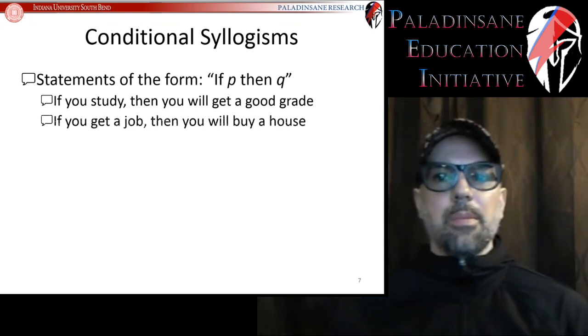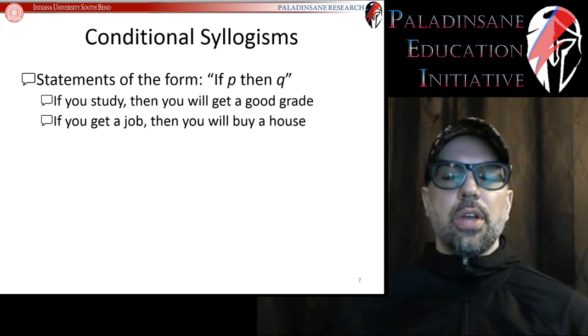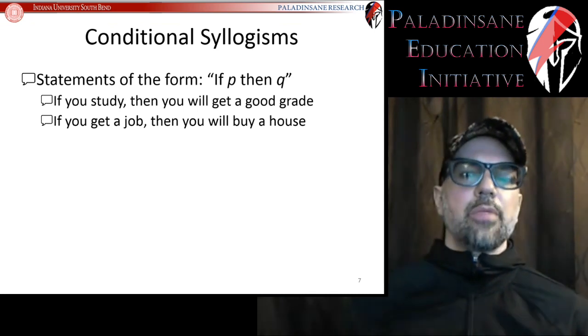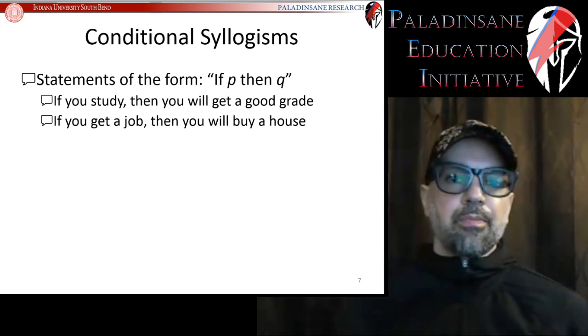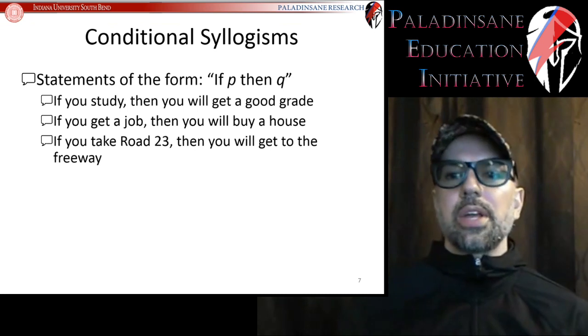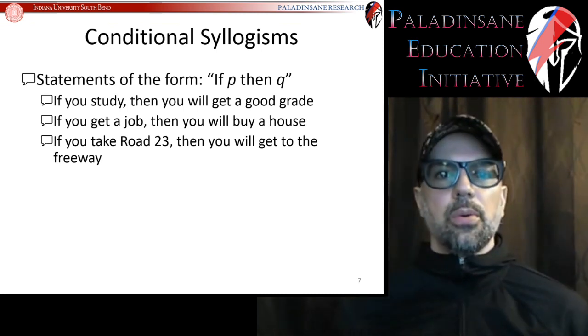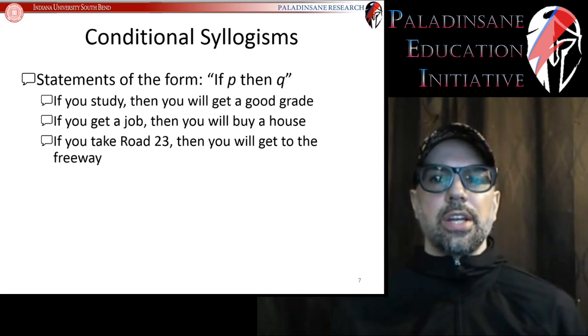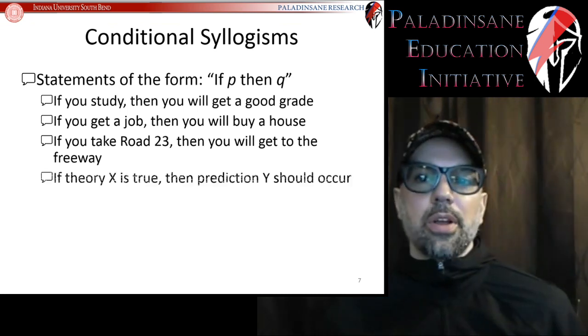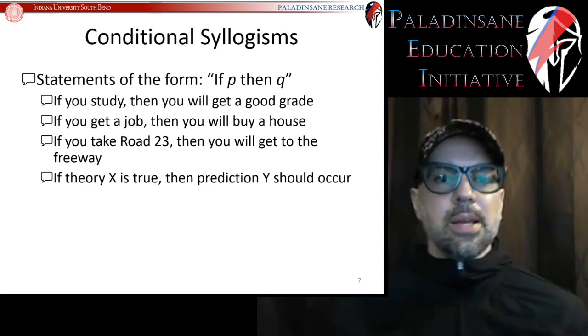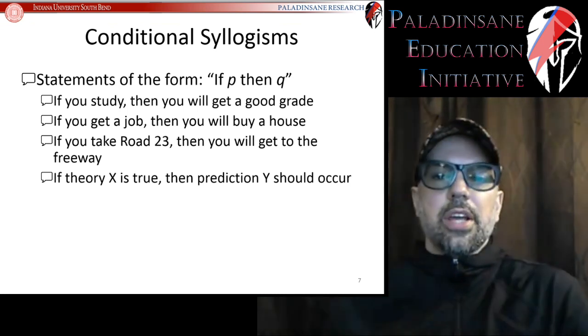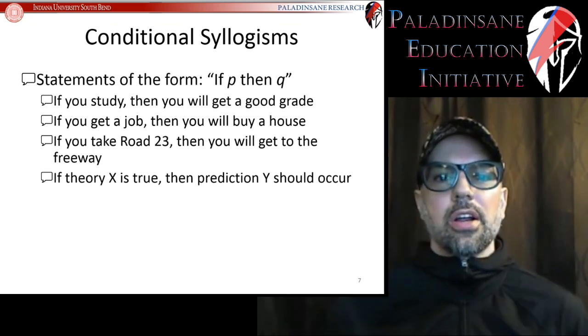So if you get a job, then you will buy a house. You get a job is the P portion. You will buy a house is the Q portion. If you take Route 23, then you will get to the freeway. You take Route 23, the P portion. You will get to the freeway, the Q portion. A particularly important one for scientists and us psychologists: if theory X is true, then prediction Y should occur.